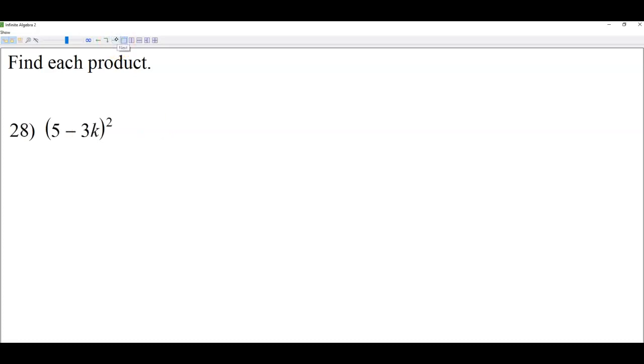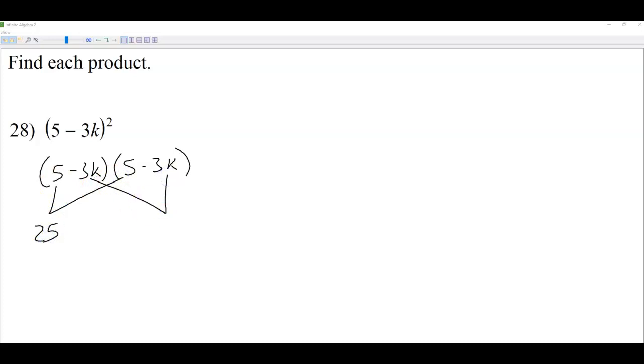Another shortcut we learned is these kinds. When you have a binomial being squared, that means you're multiplying a binomial by itself. And when you multiply a binomial by itself, there's another kind of shortcut. Once again, you could do the box for this if you want to, but I'm going to use my shortcut. The shortcut is 5 times 5, and the two last terms multiply together. Negative 3k times negative 3k is positive 9k squared.